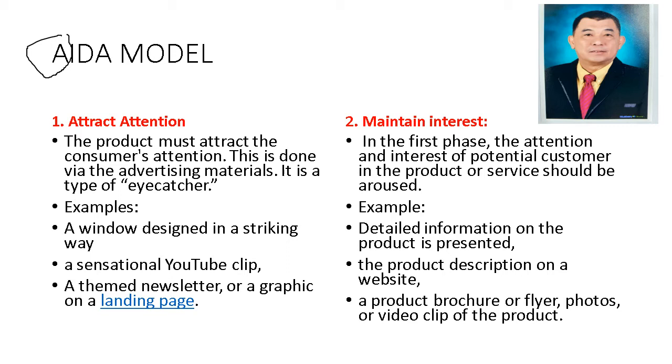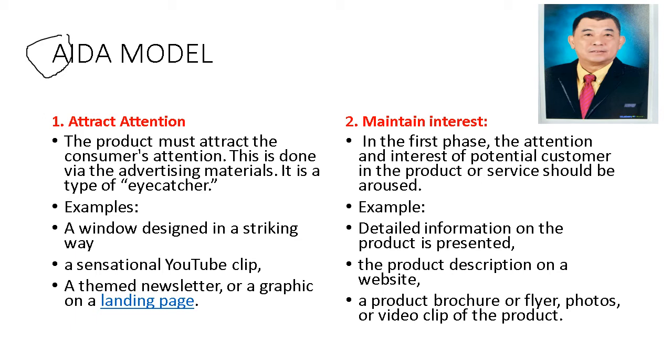For example, your window design could be a striking way to attract attention or interest. Another example is a YouTube clip, a newsletter, a graphic of a landing page, or your thumbnails. So these are some ways and means to attract attention.